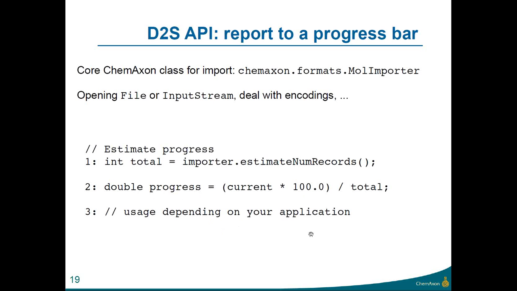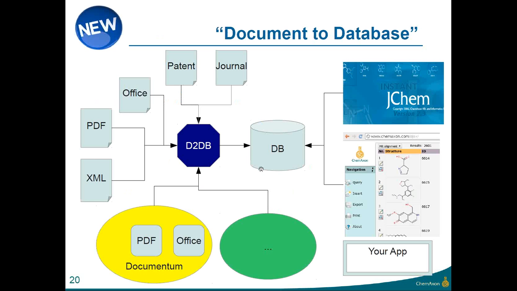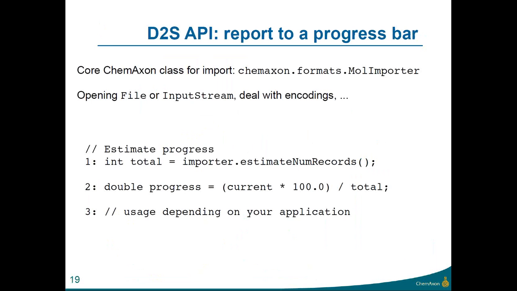So that part is up to your application. And I invite you to have a look at MolImporter if you want to check all the options that are there. But this is the one that's maybe more specific for processing documents, which needs specific code because of the specificity of documents.